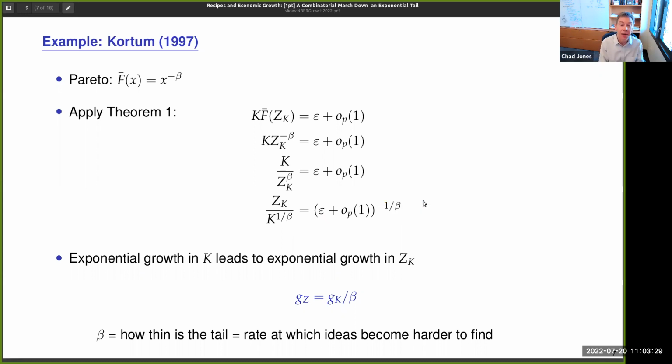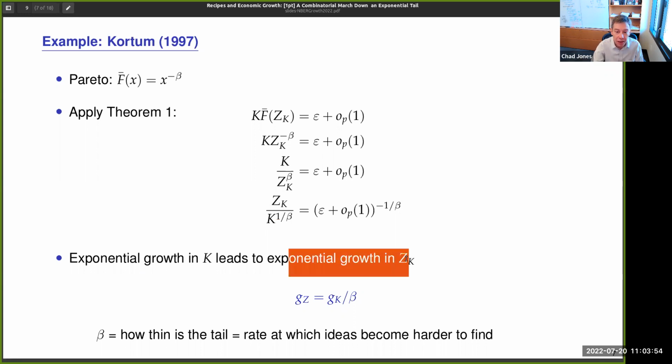Interestingly, a standard exponential raised to the power negative 1 over beta is Fréchet. So that's where Fréchet comes from. For everything I'm talking about today, basically, I don't care about the Fréchet part. What I care about is the max z_k. If you want something that's stationary, you have to divide it by k to the 1 over beta. And that's what detrends this max ratio. And so what you can see here is exponential growth in the number of draws leads to exponential growth in the max.